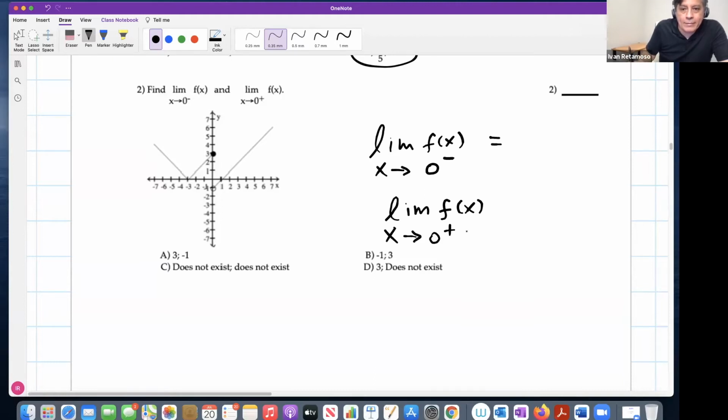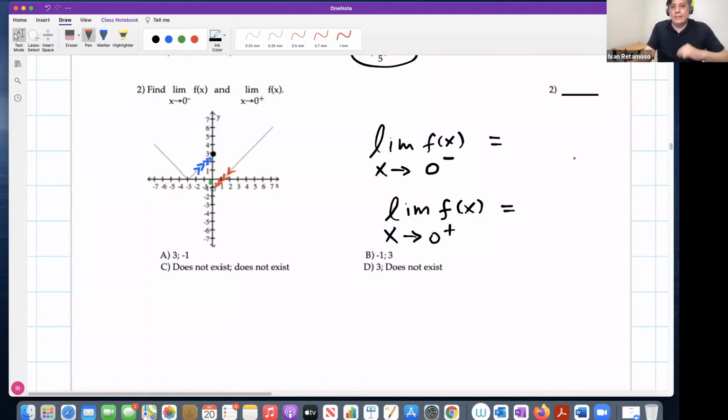Hint: trace very close to 0, which is here. What is happening with the output values if you approach 0 from the left and from the right? See where the output values are going on the neighborhood of 0.